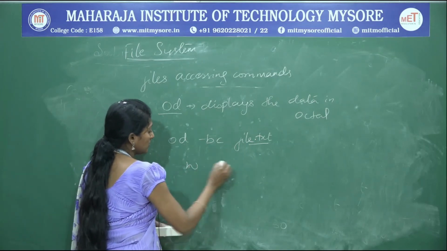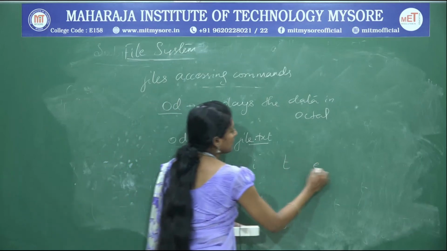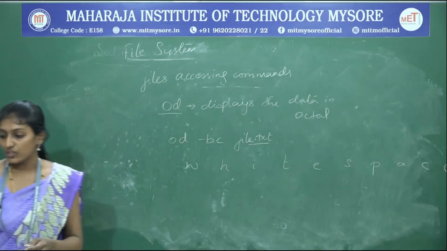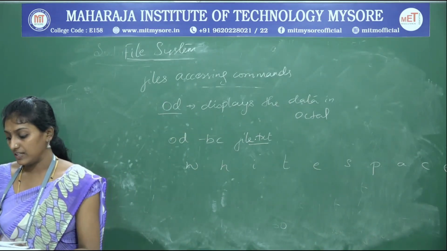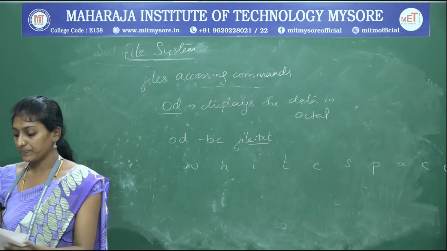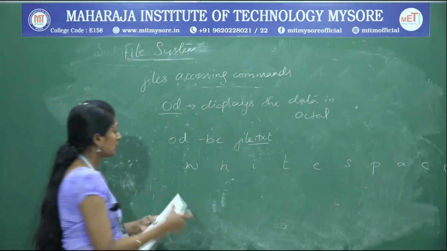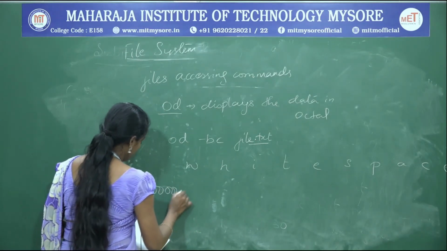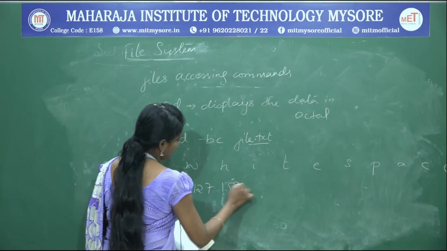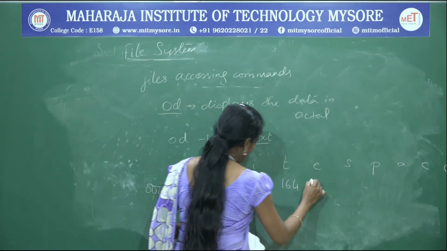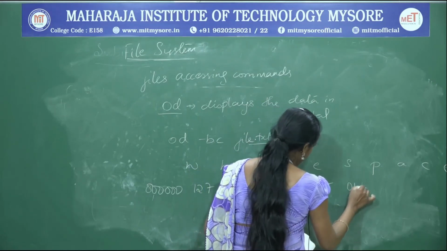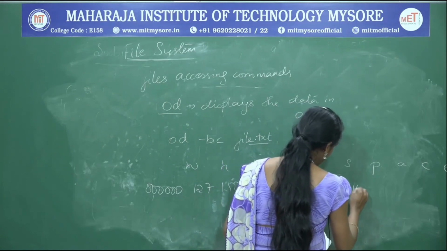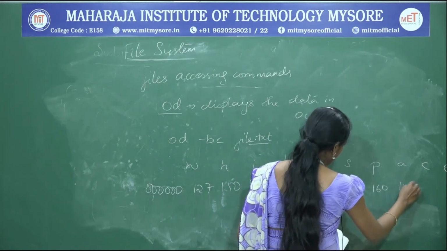So for example, if I have the content like this, it is going to display the output as ASCII values like this: 151, 164, 145, 040. So for space also we do have an ASCII value, then 160, 141.